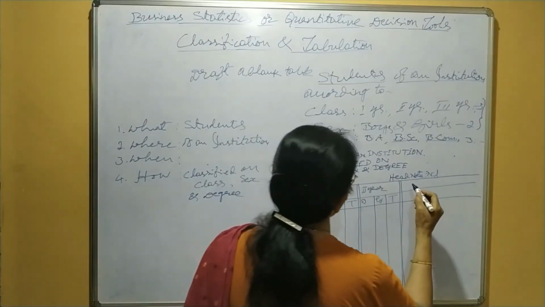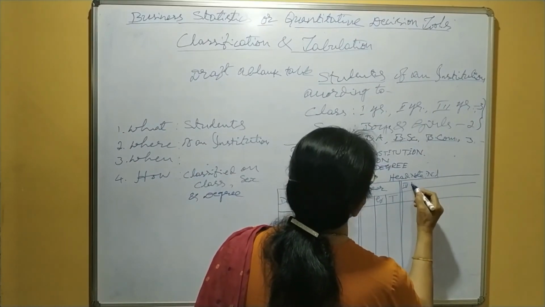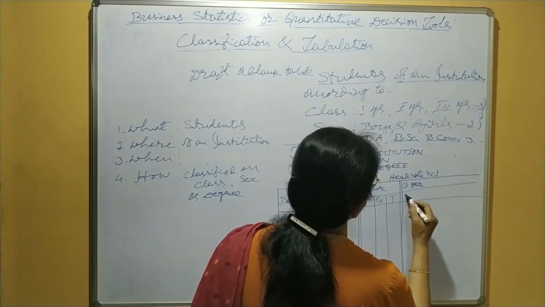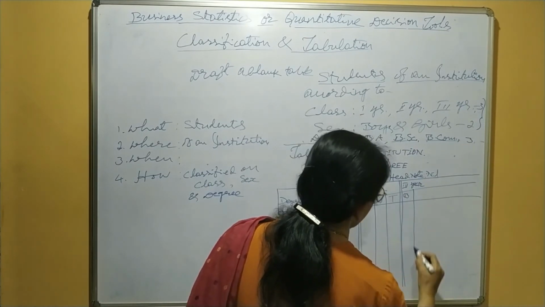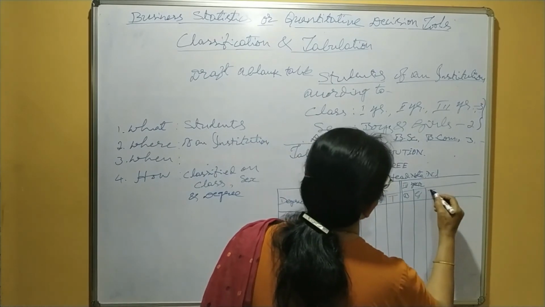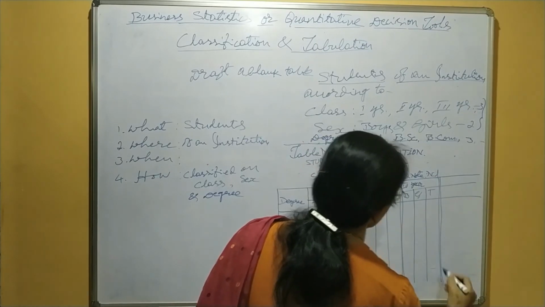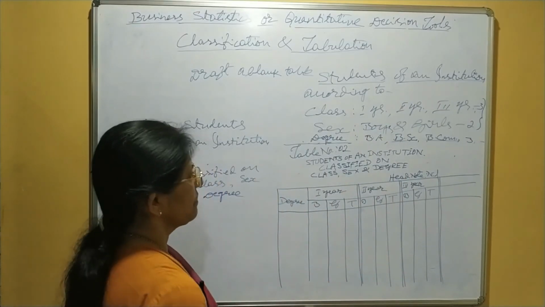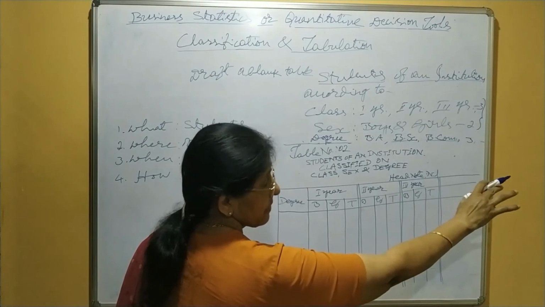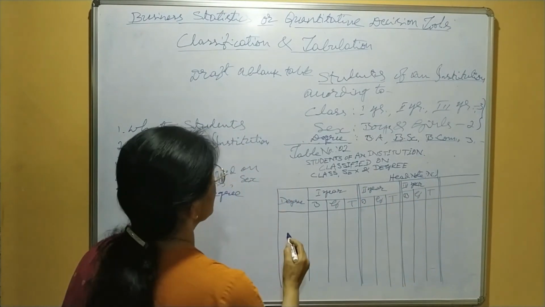Next, third year, boys, girls, total. Now, close this main column. Now, still there we have to take one more main column. For time being, I am stopping at that stage.